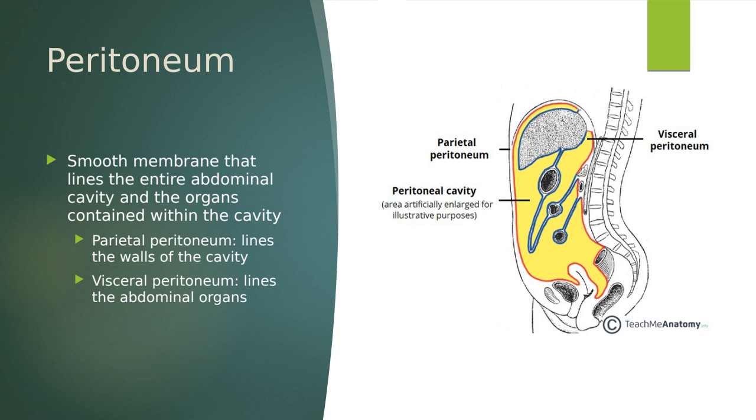So that you can see is outlining the liver, coming down and outlining the cross section of some of our vessels, some of our intestines. That's going to be directly in contact with the organ. Now this yellow is everything in between, right? It's the air in the balloon. So that's going to be the peritoneal cavity. So that's the space within that peritoneum, whether it be the parietal or the visceral portion.